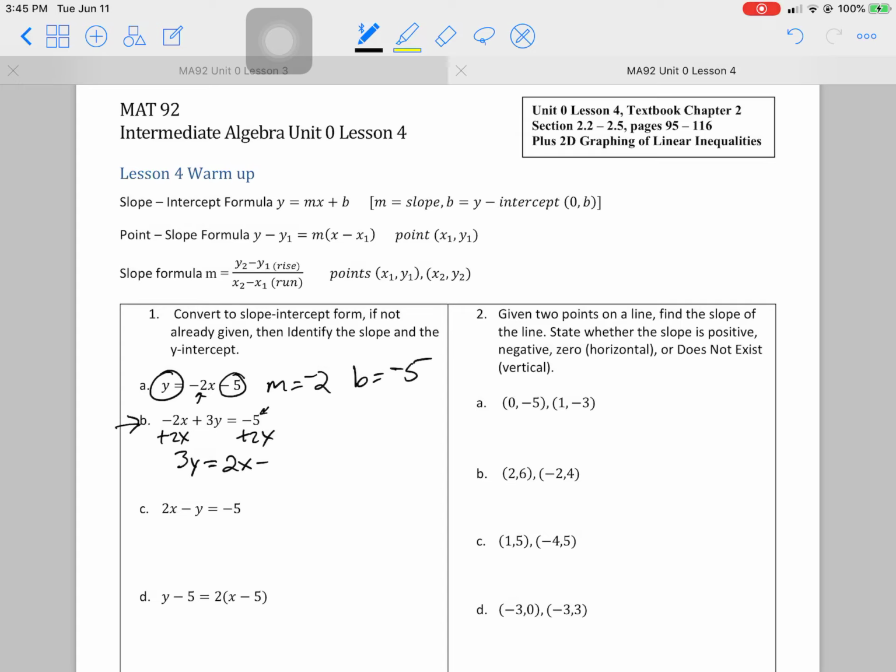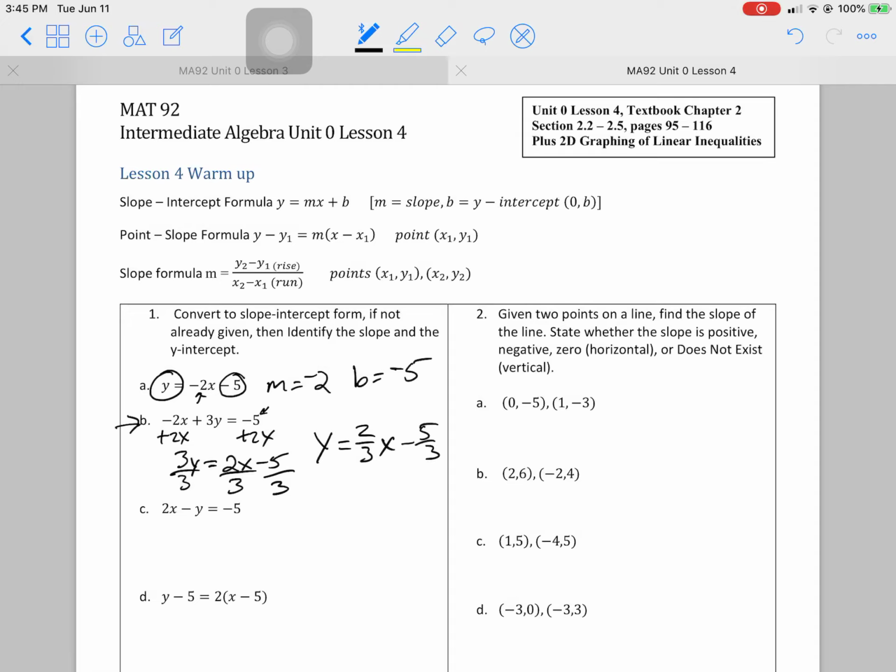So 2x minus 5, right? Then you need the y by itself to be in slope-intercept form. So if you divide, you're going to get 2/3 x. Remember, leave things as fractions, please. No mixed numbers. So this is going to be y equals 2/3x minus 5/3.